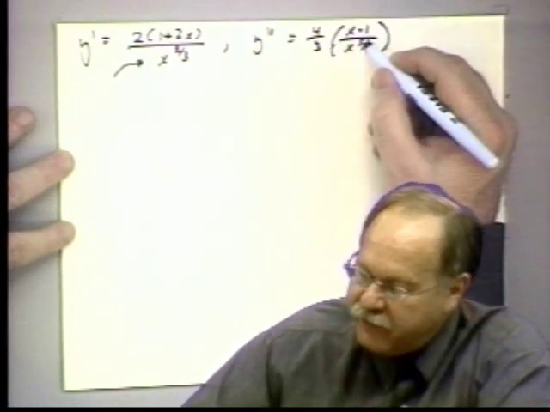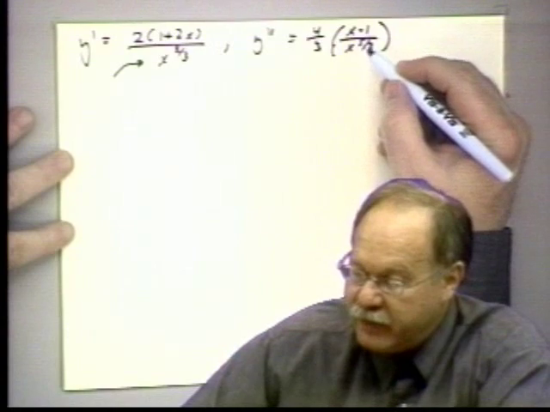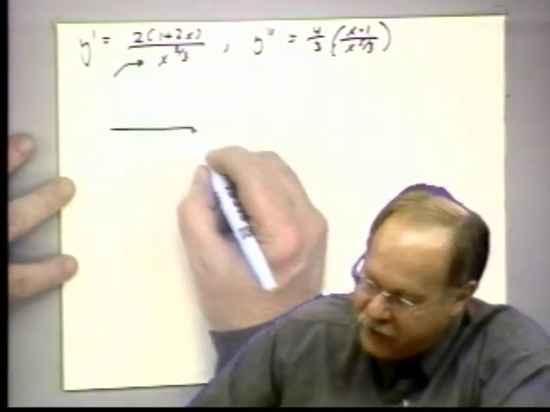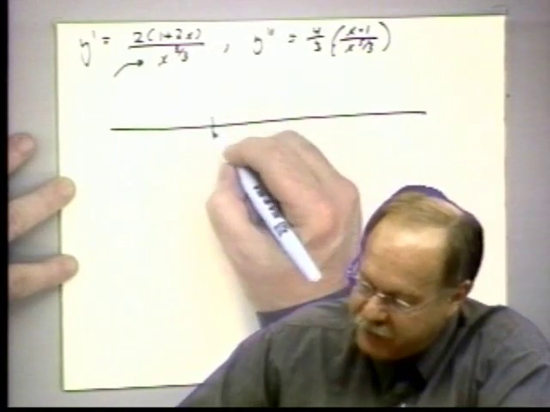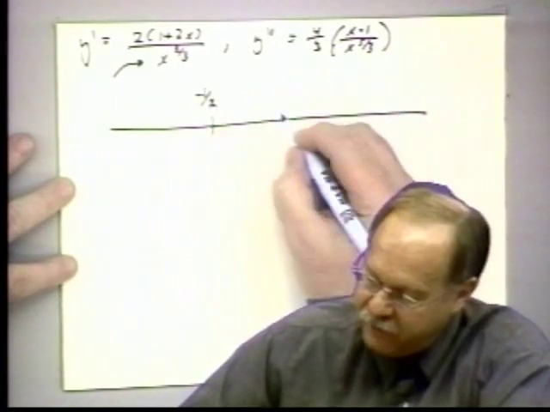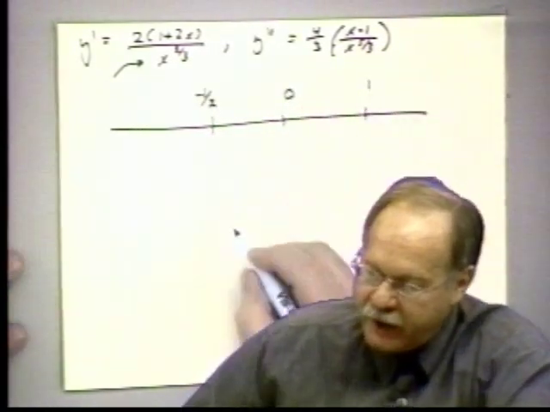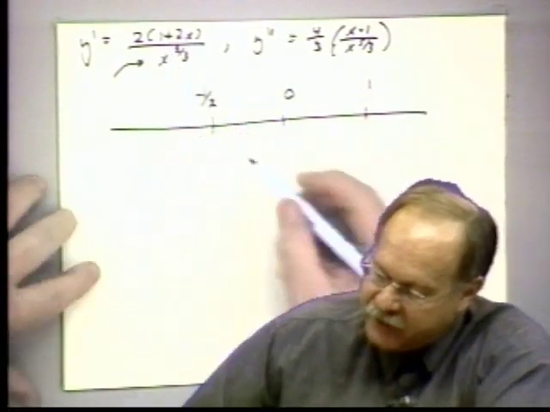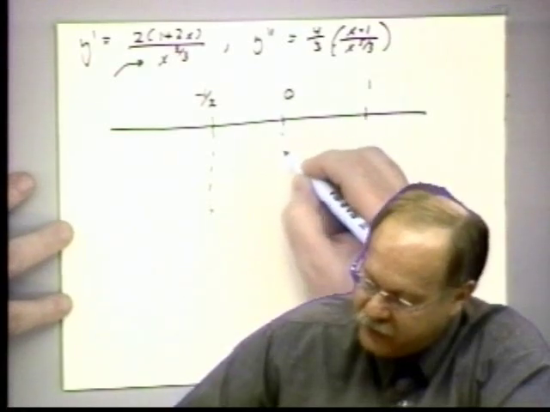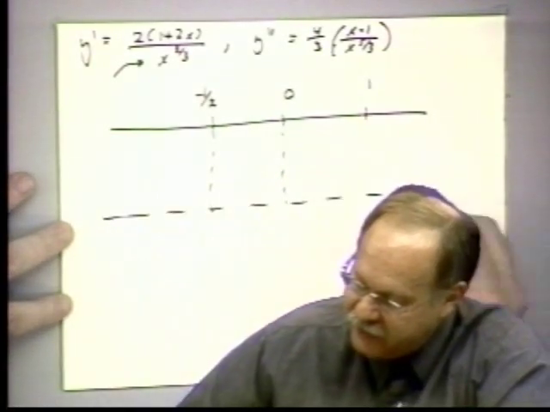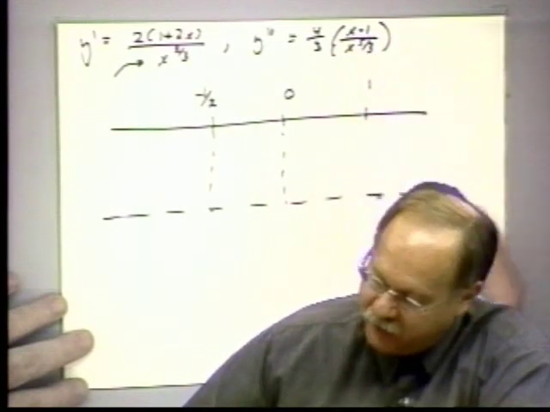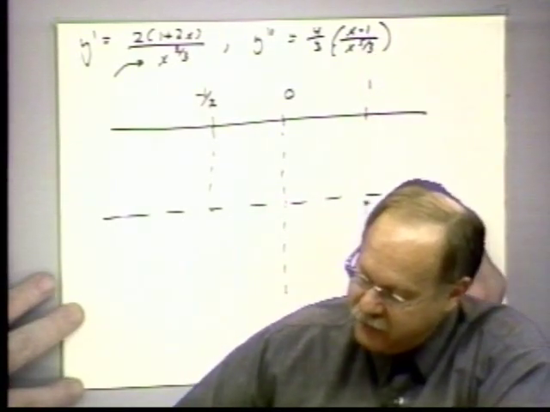And because this is the fifth power here, this will be affected by negative signs, so we can't learn anything from that. The 3 points that turned up to be of interest were minus 1/2, 0, and 1. For the first derivative, it was minus 1/2 and 0 that mattered, so I'll just go ahead and mark these like this. And then for the second derivative, it was 1 and 0, so the 0 continues, and then the 1 comes into play.